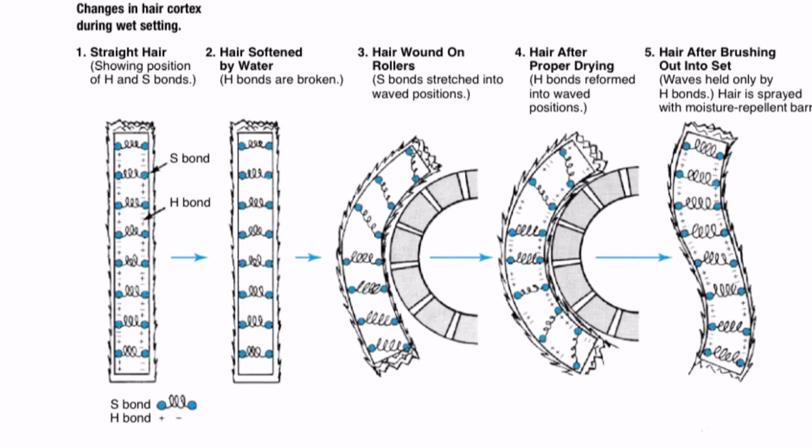The hydrogen bonds are reformed into wave positions. And figure 5 shows the hair after brushing out the set. The waves are held only by hydrogen bonds. Hair is sprayed with moisture repellent barrier. So it is a temporary way of holding curl in the hair by breaking the hydrogen bonds. The other diagram we showed was a permanent way, by breaking both the hydrogen and the sulfur bonds.